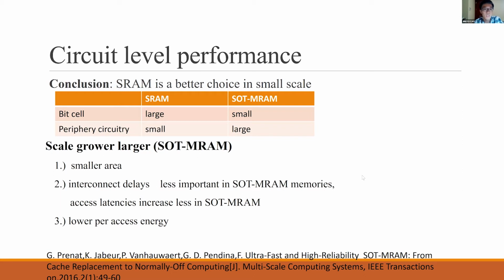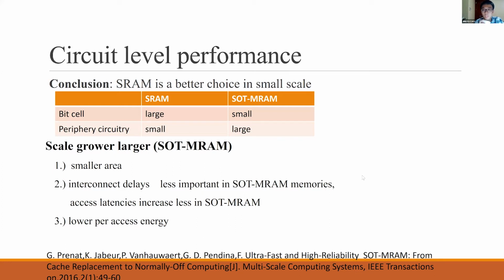We give the conclusion that in these circumstances, SRAM is a better choice at this small scale because the base cell for SRAM is larger and the peripheral circuitry is smaller. But as the scale of the memory goes larger, things will change, because for small memory size the peripheral circuitry dominates, and as a result, spin orbit torque MRAM costs more area. But as soon as the base cell area dominates the total area and not the peripheral circuitry, spin orbit torque MRAM provides smaller area.